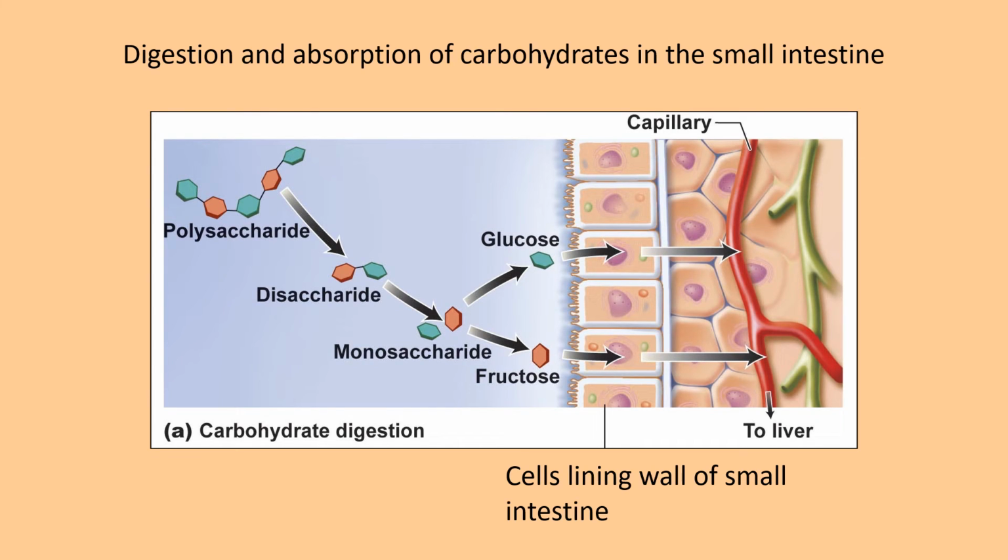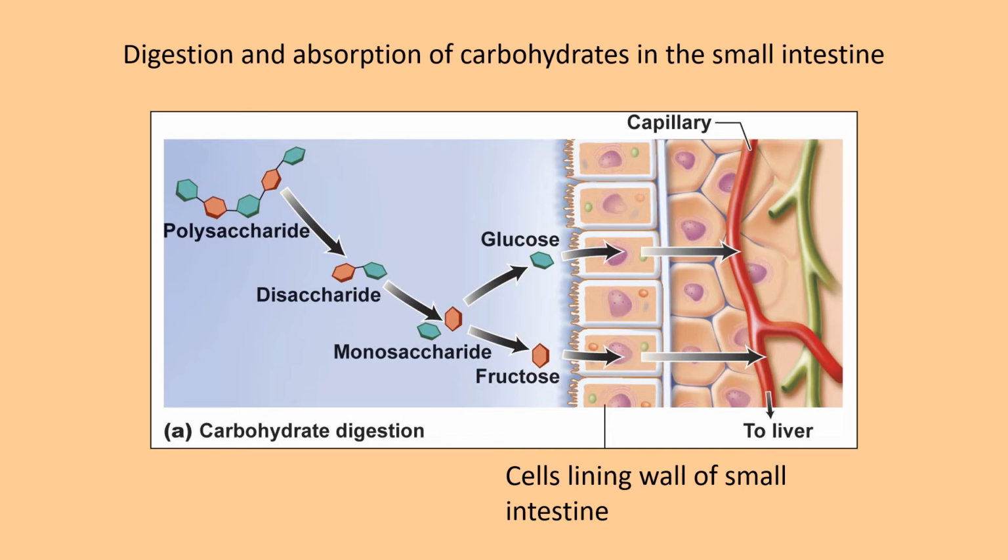Here we can see what happens to water-soluble nutrients. Monosaccharides is the example here. So we see chemical digestion of the polysaccharide into a disaccharide into two monosaccharides. And then those monosaccharides are small enough to be absorbed. And monosaccharides, as well as amino acids, are water soluble.